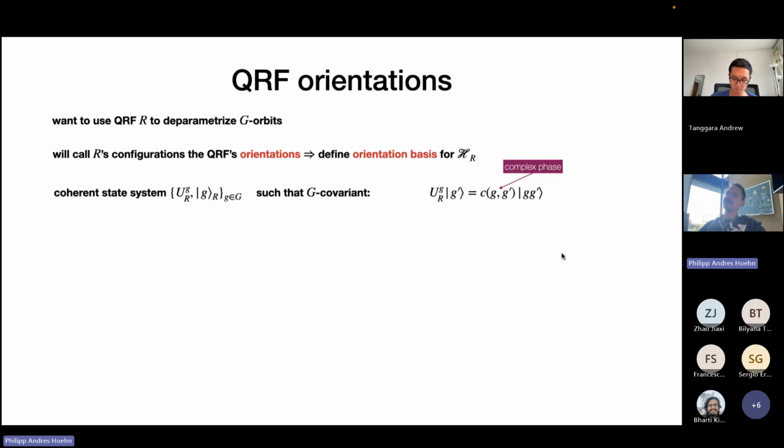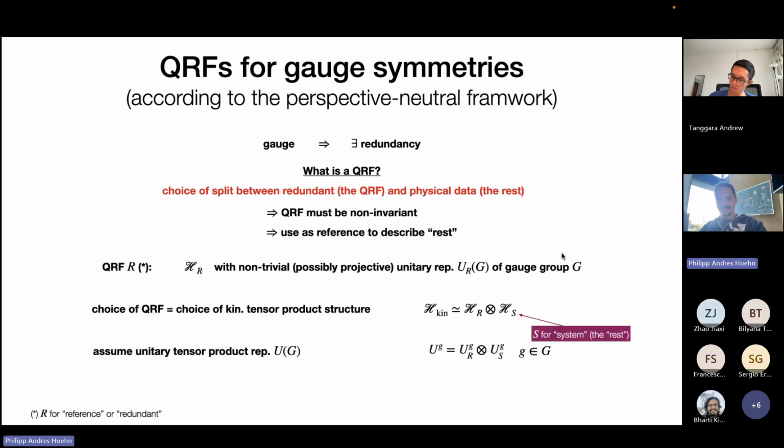It turns out that there exist many such factorizations that I mentioned on the previous slide. But we will find very special factorizations later on, where H_S is really H_code, and H_R you can think of as the redundant part.